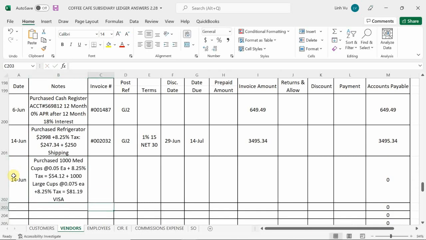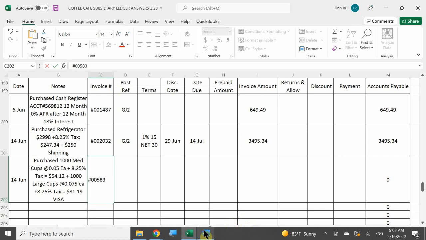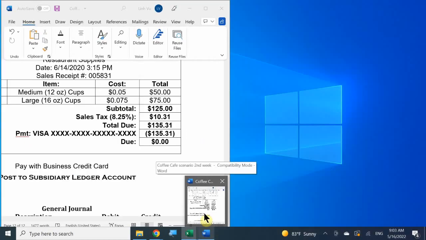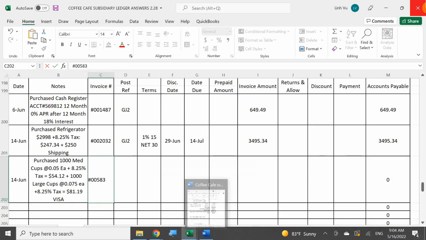Okay. What was our receipt number? I believe it was 00583. Let's see. $5831.